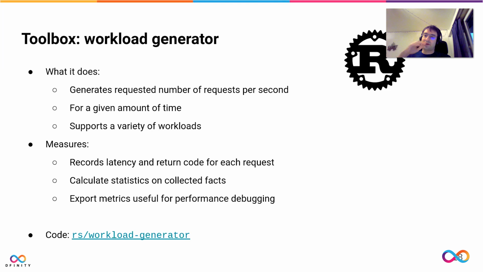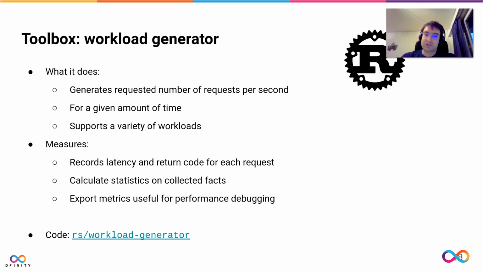And it does so in a very even or uniform manner, so it's supposed to keep that desired request rate per second as stably as possible. We support a bunch of workloads here, so that can also be configured. For each of the requests it executes, the tool will collect the return code and remember the latency. You can then also do statistics on it, and it will tell you what the median latency is and all of that.